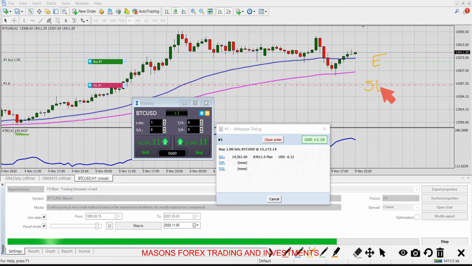Now our target must be 1:1 at least. Our take profit will be somewhere around there. So we're risking $1. We're trying to make another dollar at a minimum.